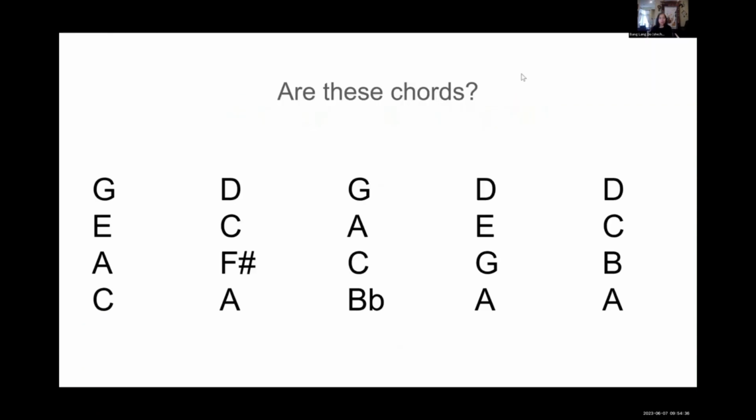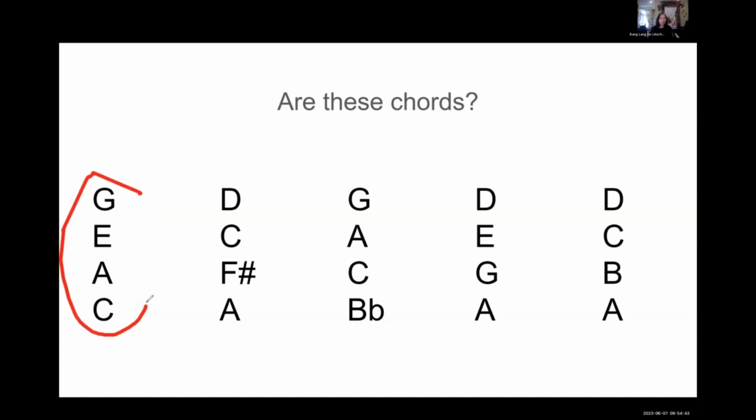Are these chords? Let's tackle the first one. You unscramble the letters. Yes, because it's A, C, E, and then E, F, G would be the third.